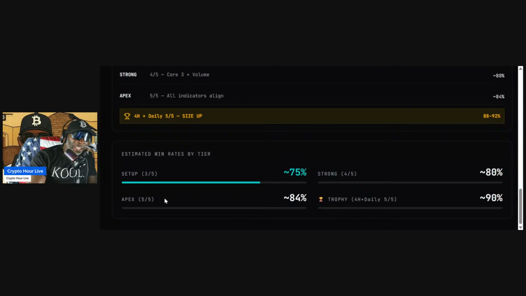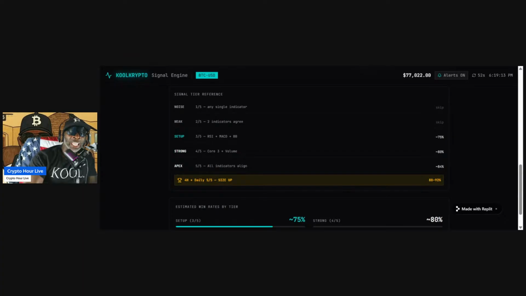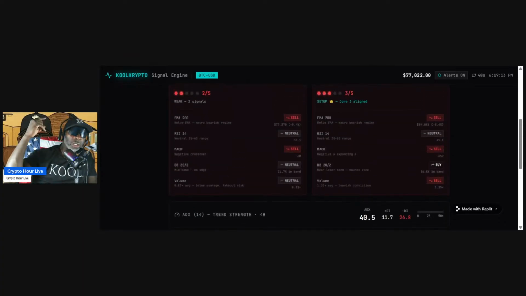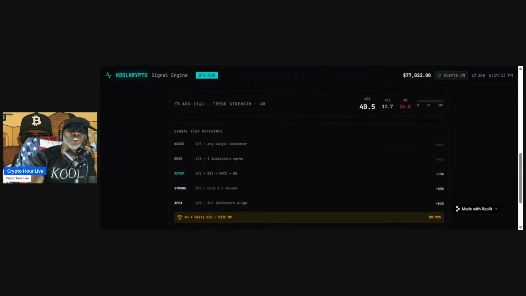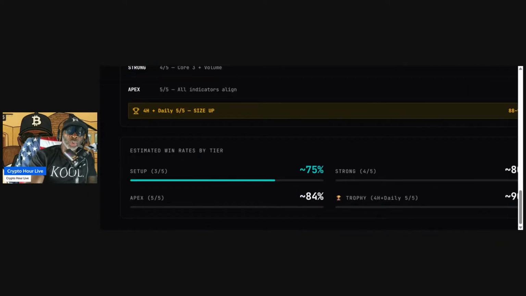If 5 out of 5 signals flash, meaning the EMA, the RSI, MACD, the Bollinger Band, and the volume are all in agreement, that's 84% on that trade.